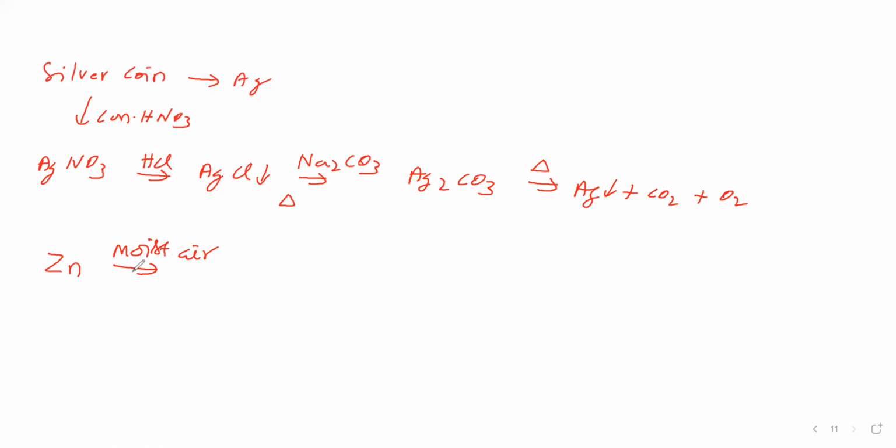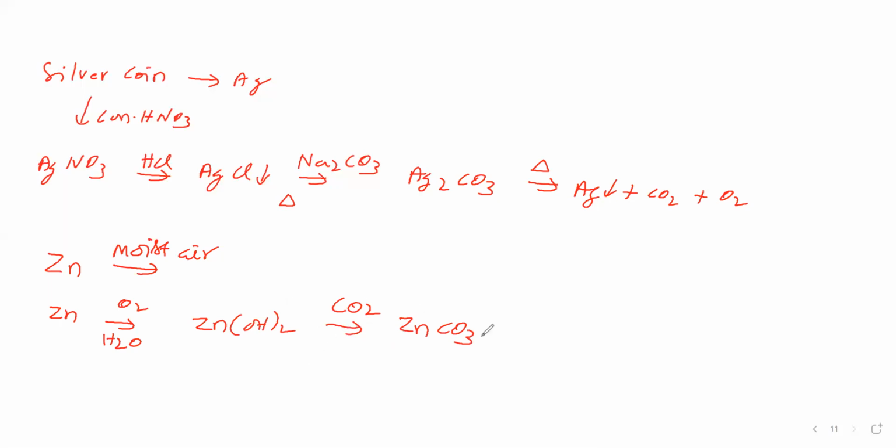Zinc undergoes oxidation with oxygen, and in the presence of moisture becomes zinc hydroxide. That means zinc undergoes oxidation, oxygen undergoes reduction. This zinc hydroxide takes carbon dioxide from the atmospheric air and becomes zinc carbonate.